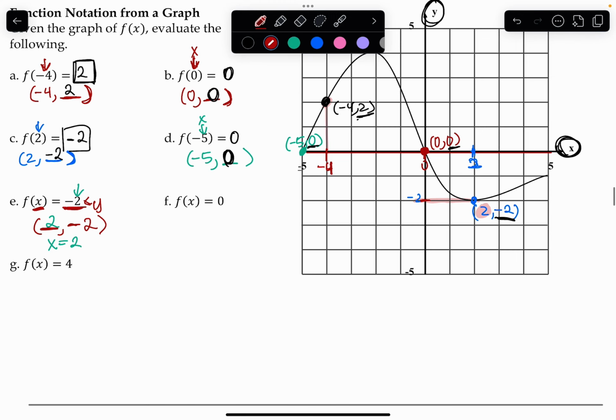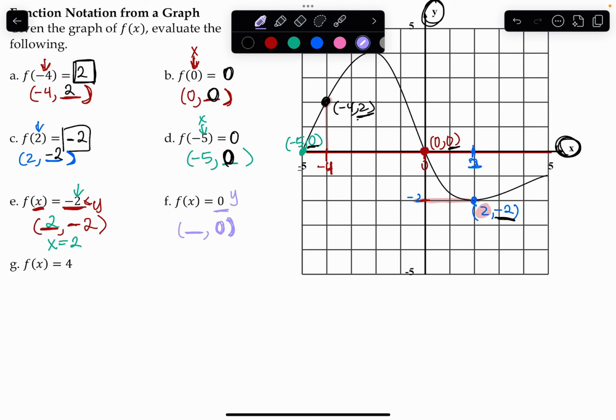Same thing here. They're telling us our output is y, and so if we're thinking of the ordered pair, we're trying to figure out the x that goes with an output of y. And so y equals 0 is the x-axis. Here's y equals 1, here's y equals 2, here's -1, -2. So here's the y equals 0 line, and we actually have multiple points here.